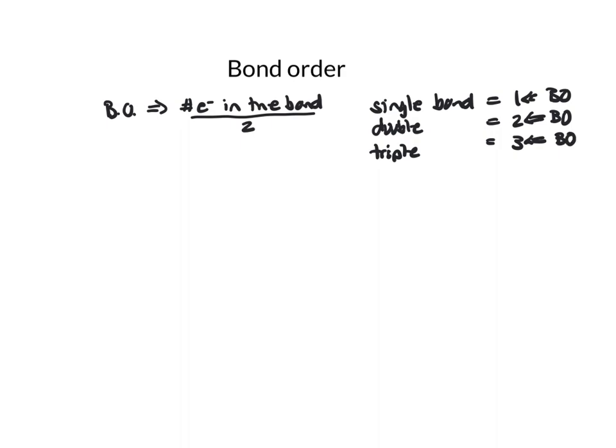The reason we use this concept of bond order is because we have to think about our resonance structures and what that means for the number of electrons that might be in a bond. So if we look back again at our resonance structures for the carbonate anion, and I'm going to leave the lone pairs out, I'm just going to put the bonds in here. We can put that double bond in one of three spots.